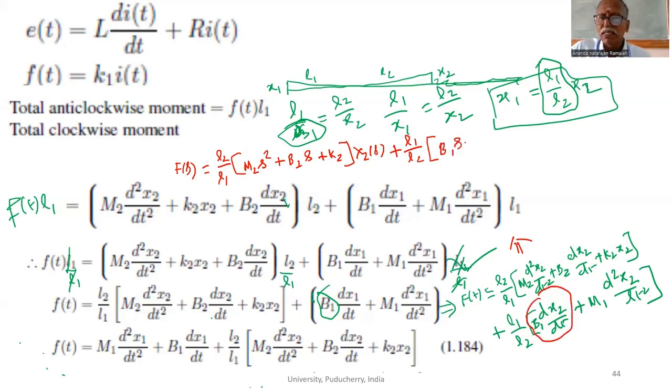B1 s X2(s) plus M1 s² X2(s). That's all.